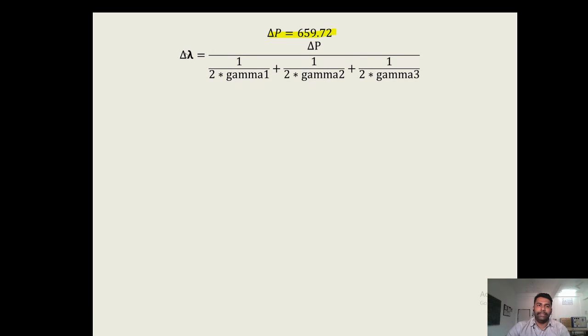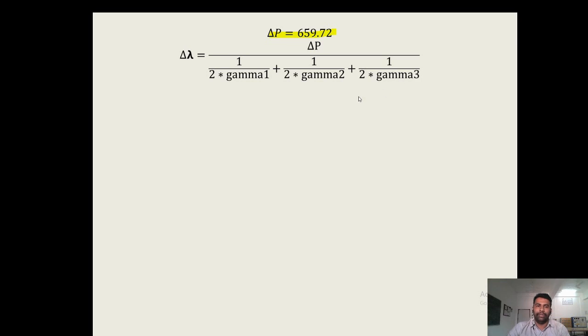Now, we will solve for iteration 2. Before that, we will find the lambda approximation for iteration 2. Here the error in power is 659.72 megawatt. We find the change in lambda by considering this formula: change in P divided by 1 upon 2 gamma 1 plus 1 upon 2 gamma 2 plus 1 upon 2 gamma 3.